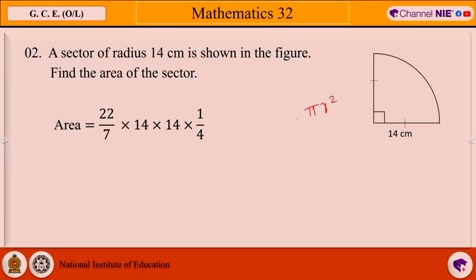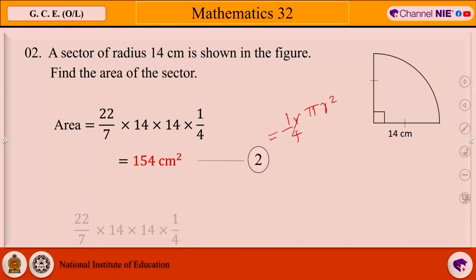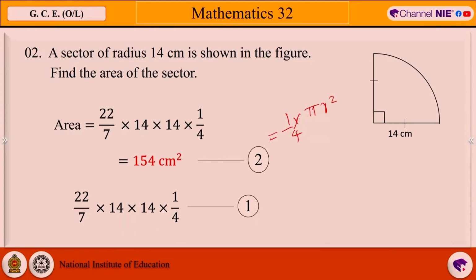So, you have to take 1/4 of that. That is how it is given, by substituting the value of r. So, you will get the answer as 154 square centimeters. I think all of you have got this answer, right? If so, you get 2 marks. Otherwise, you will get 1 mark even for this expression. Check whether you have written that also.